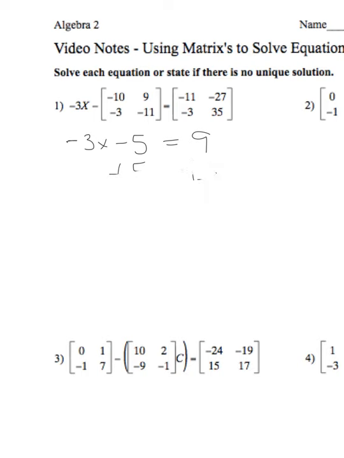Now, one of the things that I want to talk to you about is when you do this plus 5 right here, what you're really doing is the additive inverse. You're trying to make this add to 0. That's really what we're doing. So when you do this plus 5 to both sides, you're applying the additive inverse.